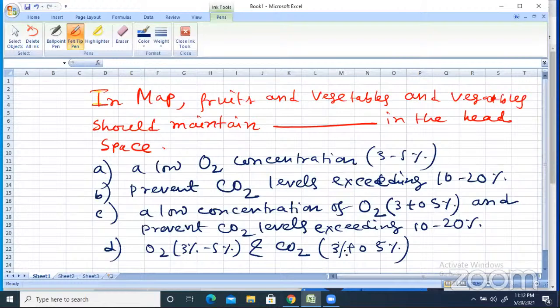Yes, yes. Less than 2% oxygen, what happens? Anaerobic spoilage, right? So the concentration must be maintained between 3 to 5%, as well as preventing carbon dioxide levels exceeding 10 to 20%, not more than that. So your correct answer will be C.